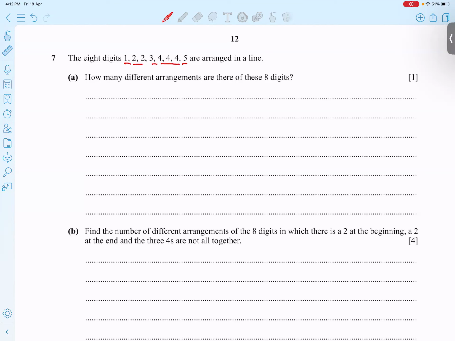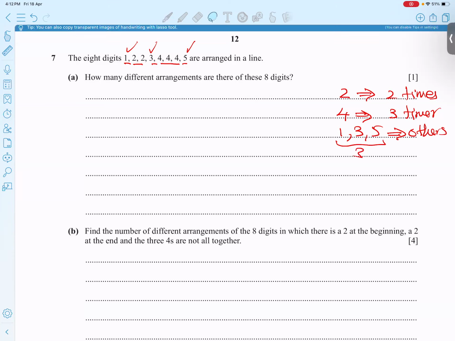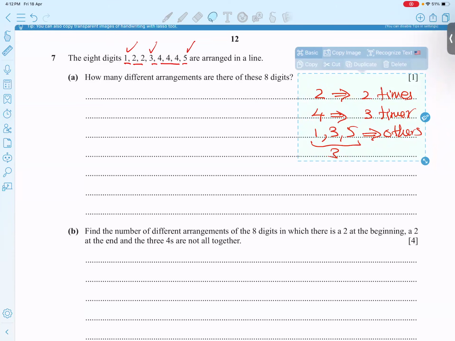Basically, if you look carefully, 2 comes 2 times, 4 appears 3 times, and others are 1, 3, 5. So they are 3 values. This point is very clear, and this data is very helpful throughout the question.